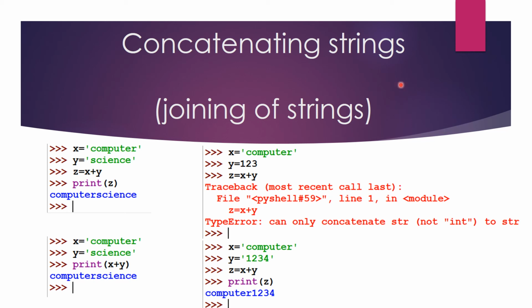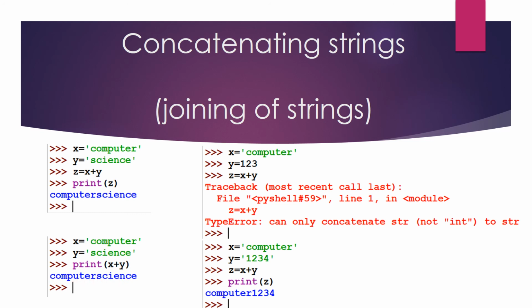Next comes concatenating strings. Concatenation is joining of two strings. So here one string is in a variable x, computer, and the second one is science. So a third variable we have taken z and put this x plus y, and after printing z, these two, x and y, are joined together and become a single string. We can also directly print x and y by just writing print x plus y, then also the output will be these two strings joined.